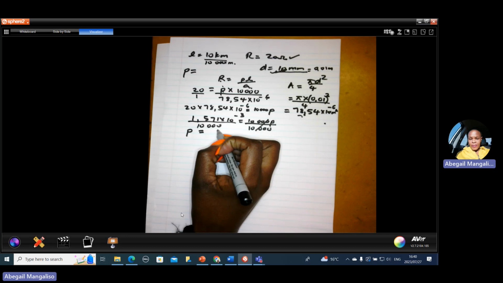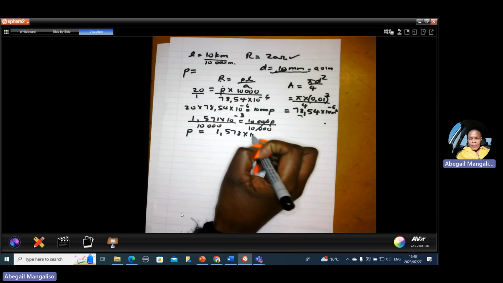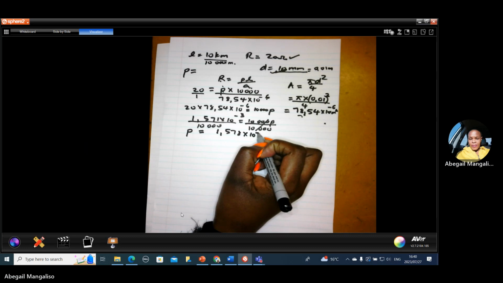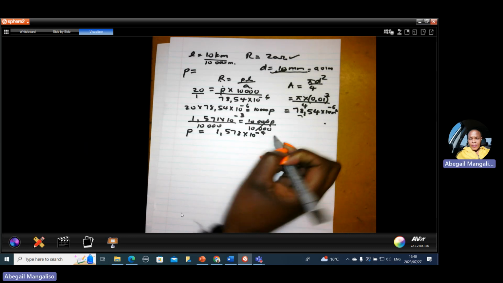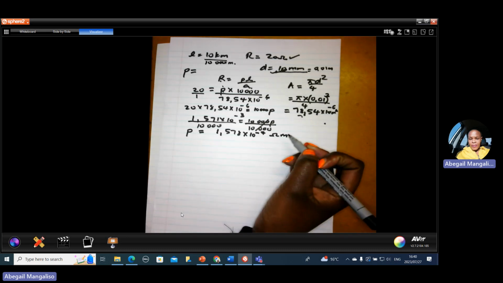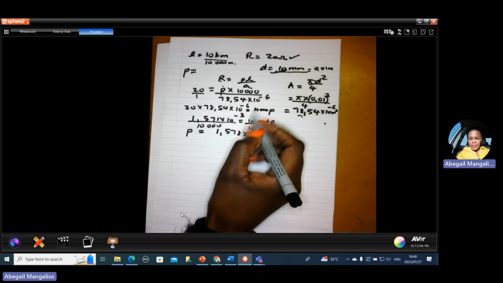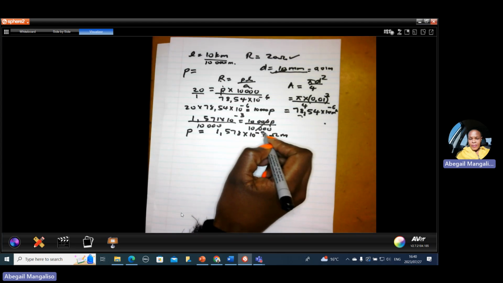If it gives you 1.578 times 10 to the power negative 7, this will be ohm meter. If your calculator gives 157.08 times 10 to the power negative 9, that answer is also correct, as long as you're going to write the correct exponent. This is minus 7.